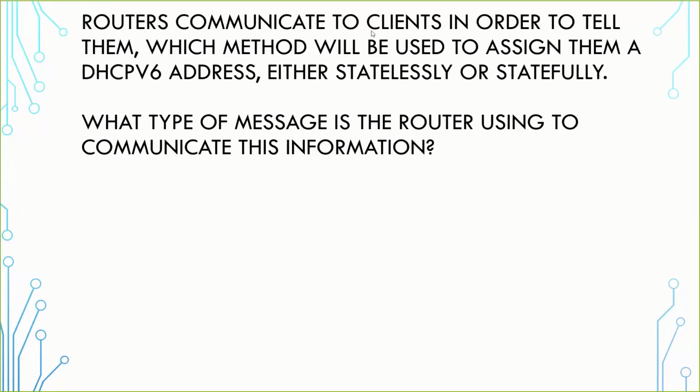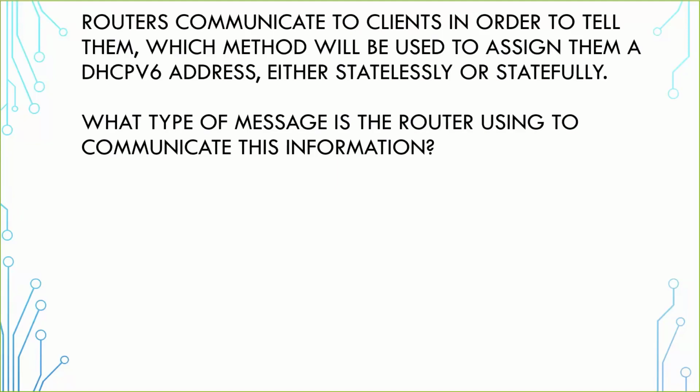Routers will communicate to clients in order to tell them which method they're going to have to use to get an address, okay? Because when a host device turns on, what's one of the first things it tries to do? It wants an IP address, right? And if it's an IPv6 network, it wants an IPv6 address.